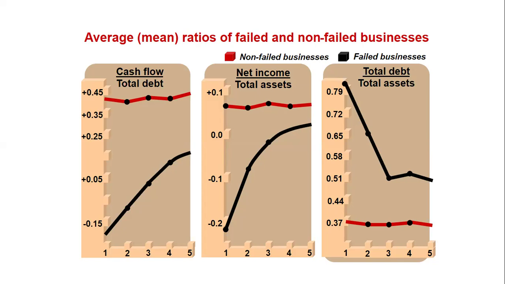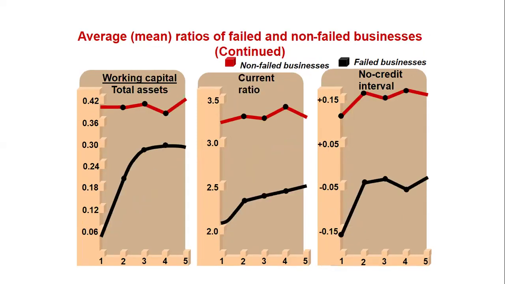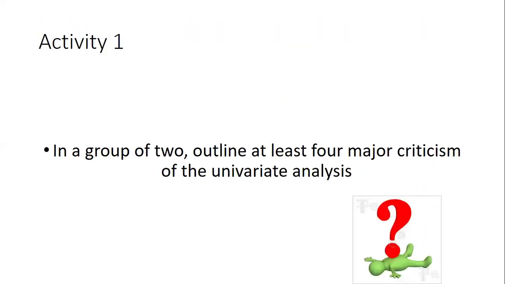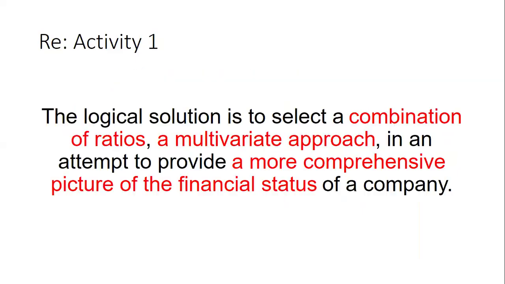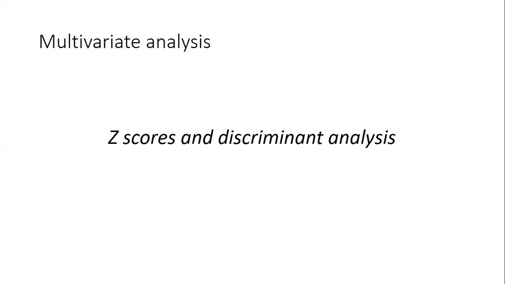So there will be some inconsistencies if you are using just one particular ratio to do the prediction. So they have proposed that instead of using one particular ratio, you combine a number of ratios. And that is the multivariate analysis. That is using a number of ratios. So we want to go on to the multivariate analysis.